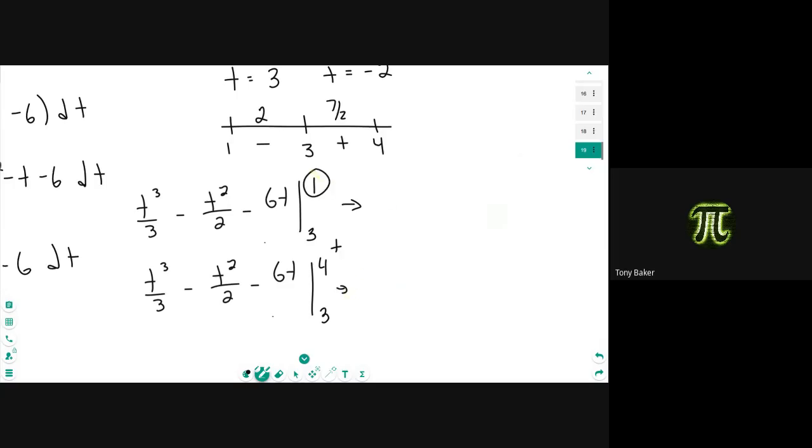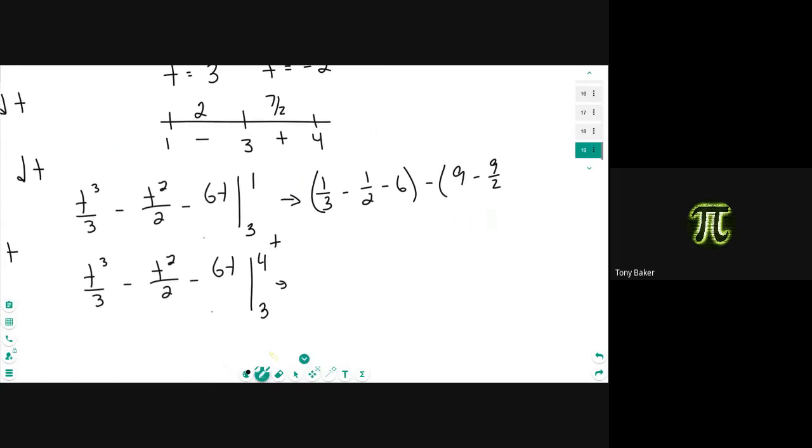The top number is always your first one. So I have 1/3 minus 1/2 minus 6 minus 3/3 is 9 minus 9/2 minus 18.